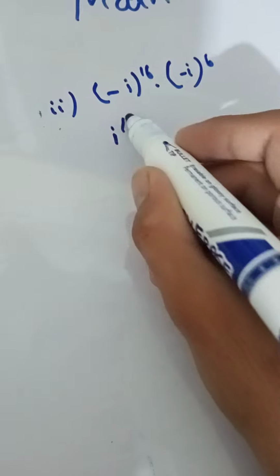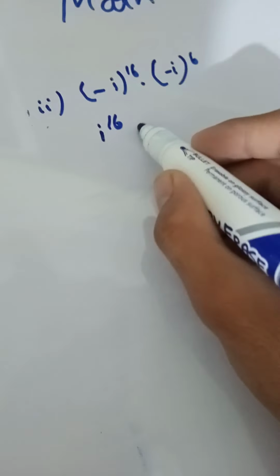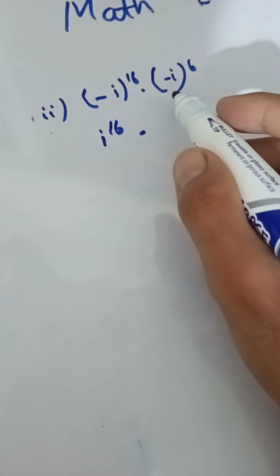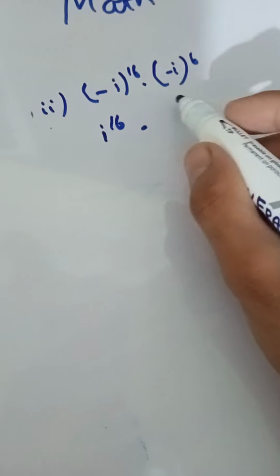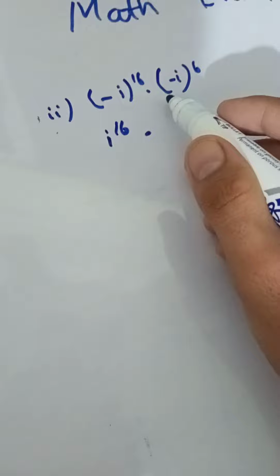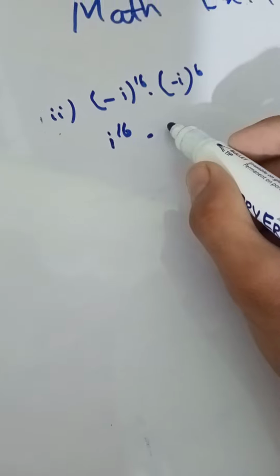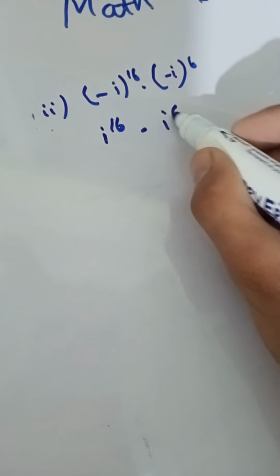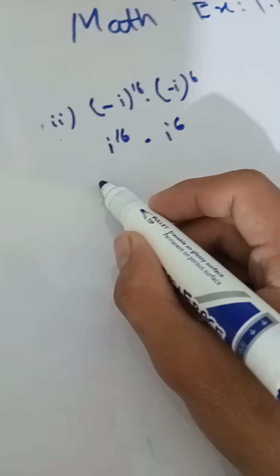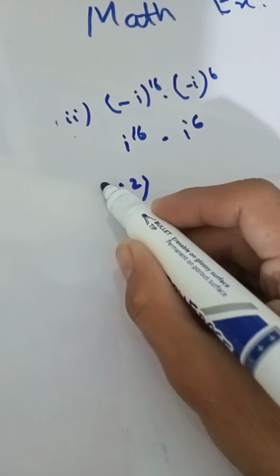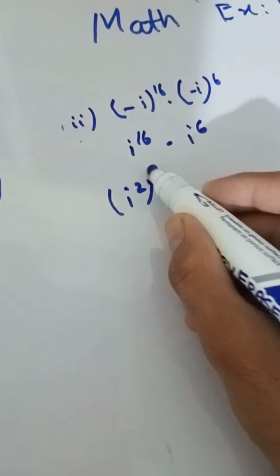It will be minus power 16 iota, multiplied, and after that iota power 6, which is also even, so it will be iota power 6.